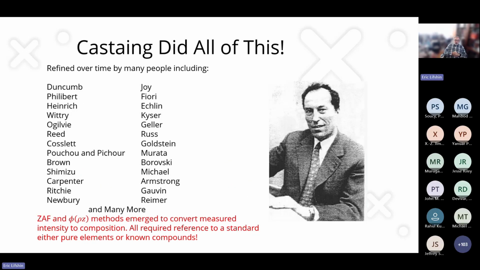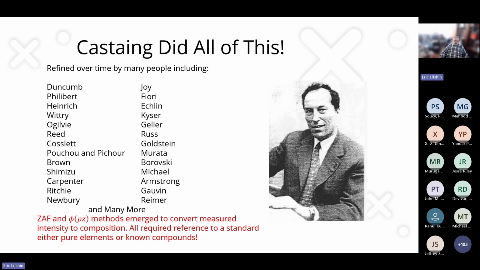Now, Castaing, in his dissertation published in 1951, did almost all of that. But this was refined by a lot of people, and I just tossed a bunch of names out here, and I probably missed a lot of people. I noticed I didn't put Bill Bastin's name down, who had done a lot of work on phi-rho-z.